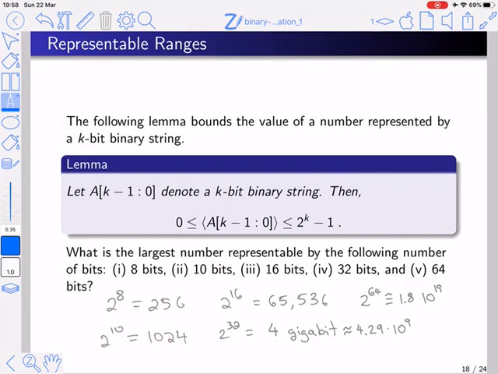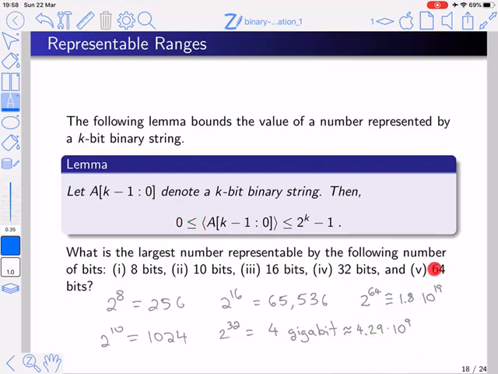That means that you could represent numbers from 0 to 1023. Let's jump to the case where k equals 32. Then 2 to the 32 is roughly 4 billion, 4.29 billion. So with 32 bits, you can represent numbers from 0 to roughly 4 billion.